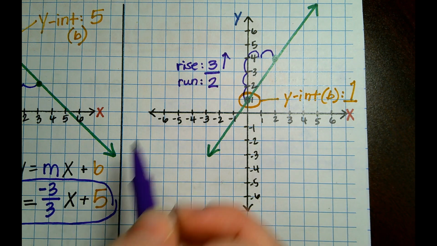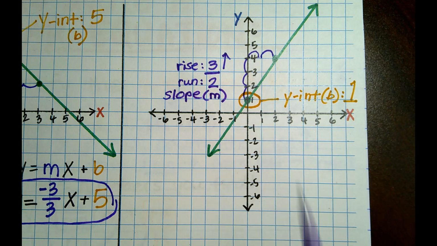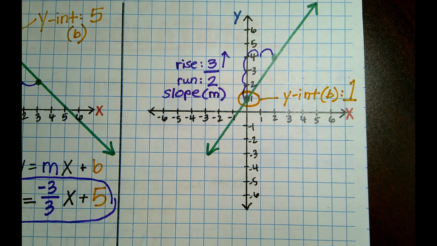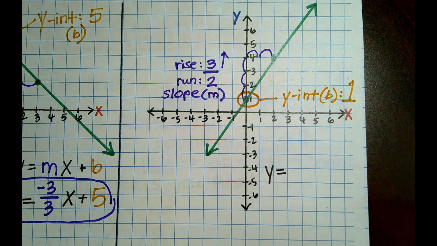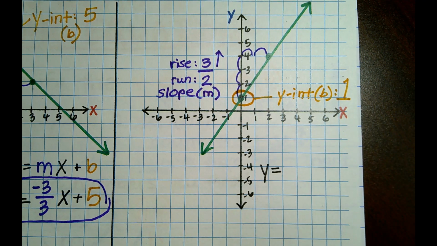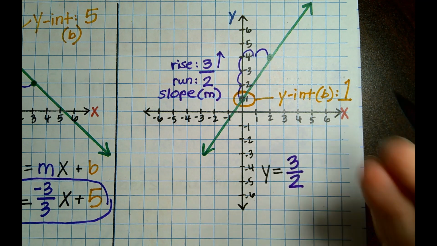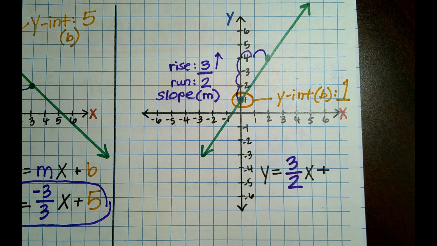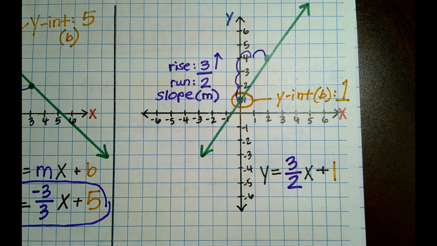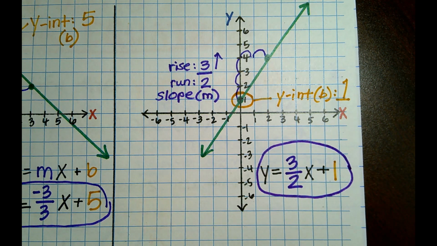And that's my slope, or my m. So if I want to write the equation y equals mx plus b, y equals, what's m? 3 over 2. What comes next? X. Plus 1. Very nice. There we go. That's our next equation. Pretty good, guys.